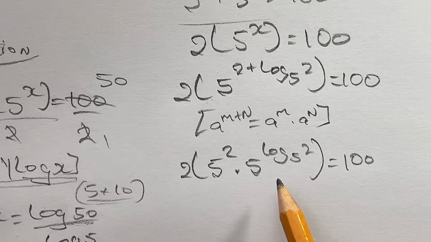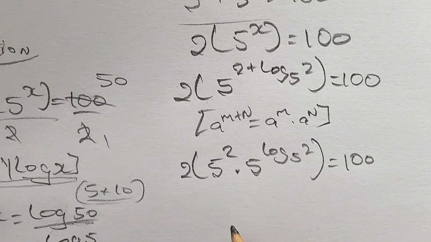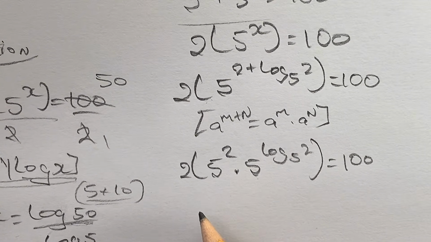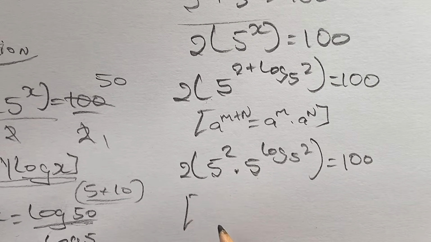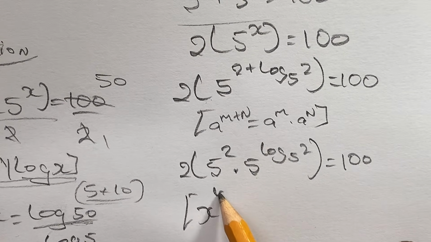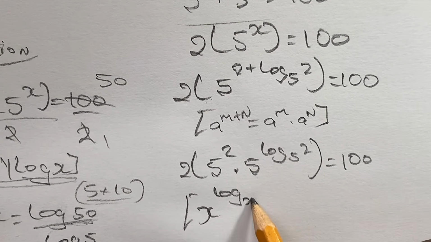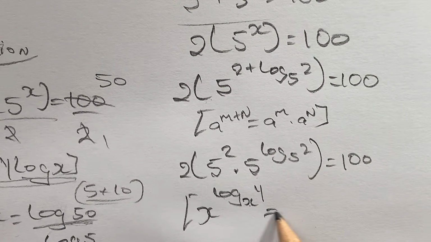Now here's another logarithm rule that will help us to solve for this without using a calculator. So we'll be saying that if we have an expression such as x, which is the base, and in the power we have log base x of y, for example.